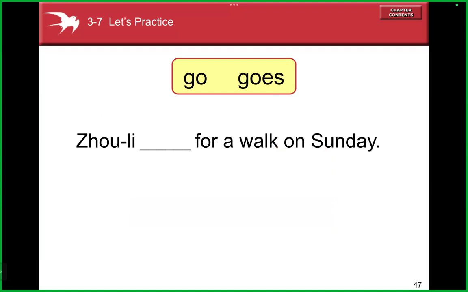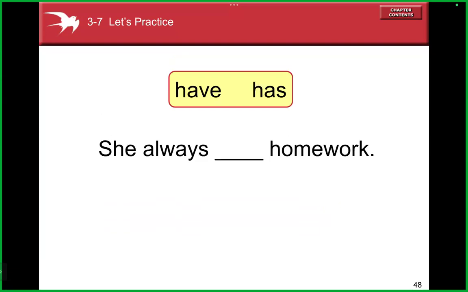Okay, let's continue. Felipe Leon, could you please complete this one for me? So Lee goes for a walk on Sunday. Good. That's correct. Shirley is an Asian name. Okay.